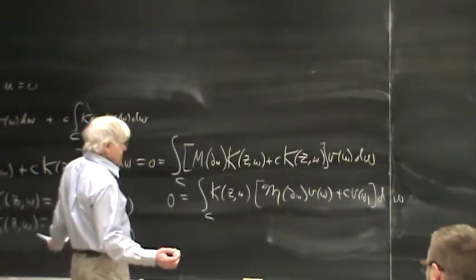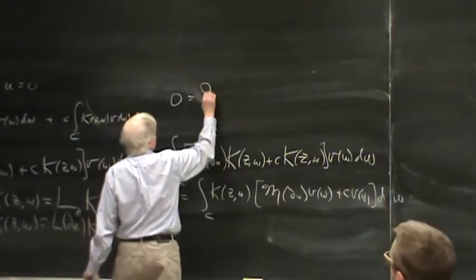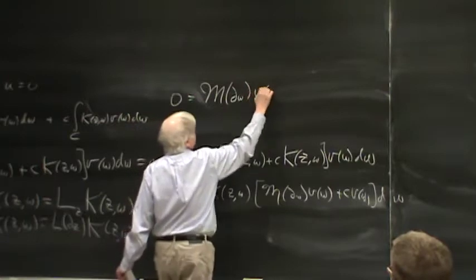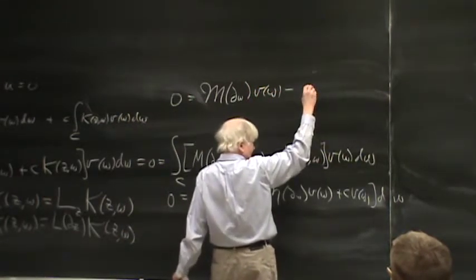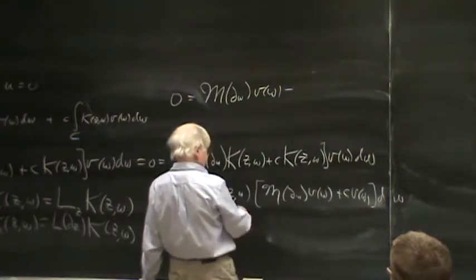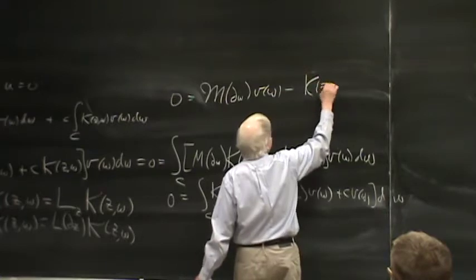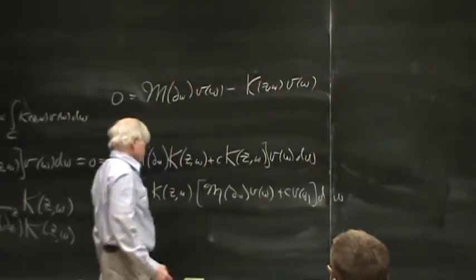And now we have something very simple, namely all we need is M of dW acting on V of W minus C V of W, times K of Z and W dW, should vanish.